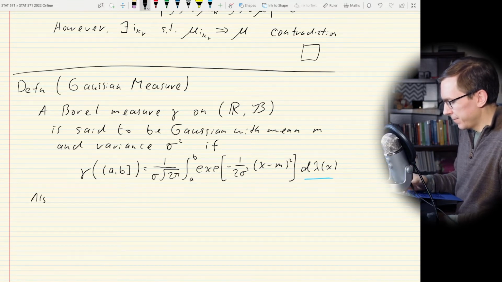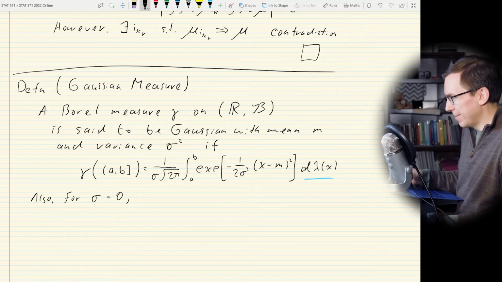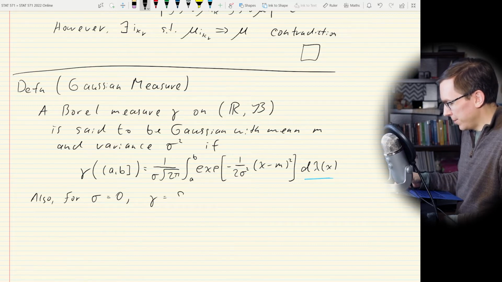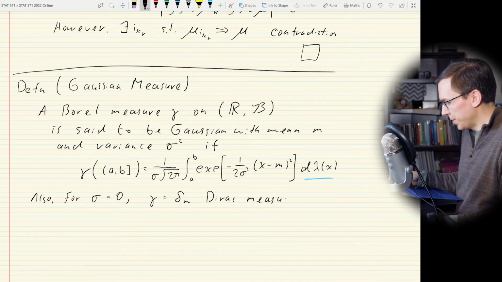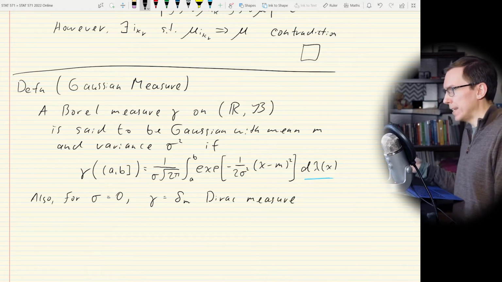Also, for sigma equal to 0, gamma is equal to delta m, the Dirac measure, which is just a point mass at the point m.